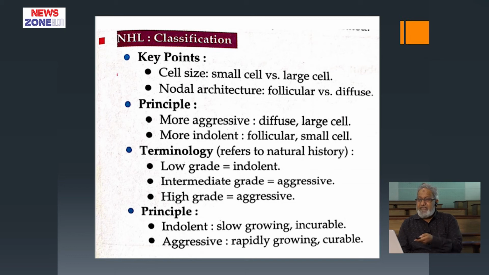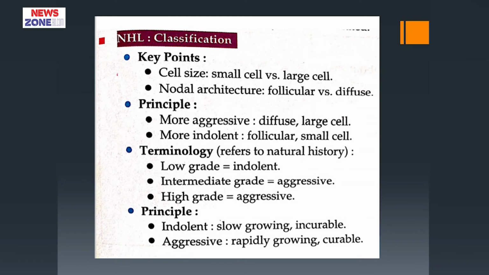So, more aggressive is diffuse and large cells, more indolent is follicular and small cells. The indolent is low grade, and large, diffuse is usually high grade. But the aggressive, rapidly growing tumors are more curable than the slow growing, indolent tumors.